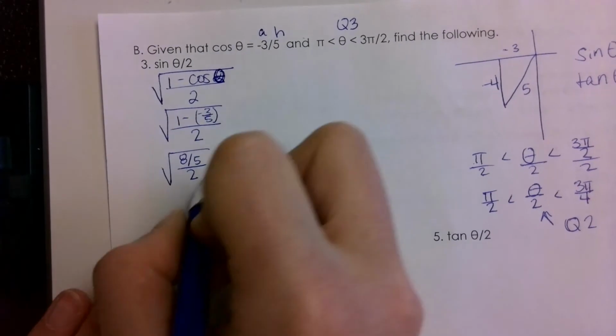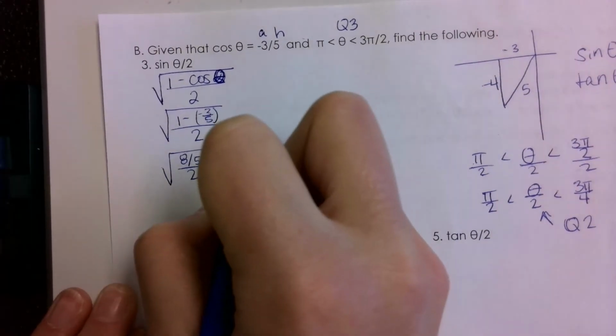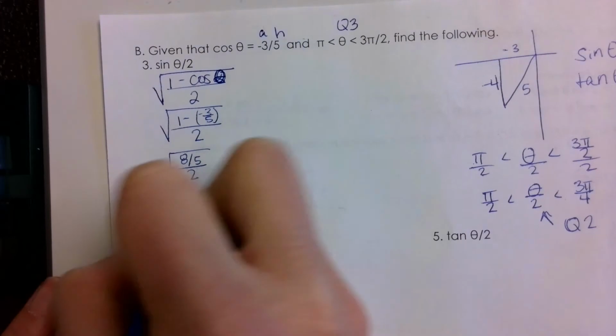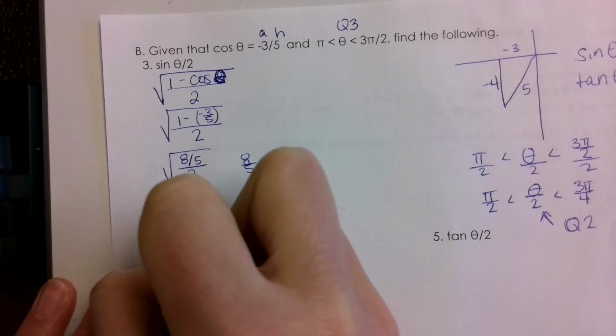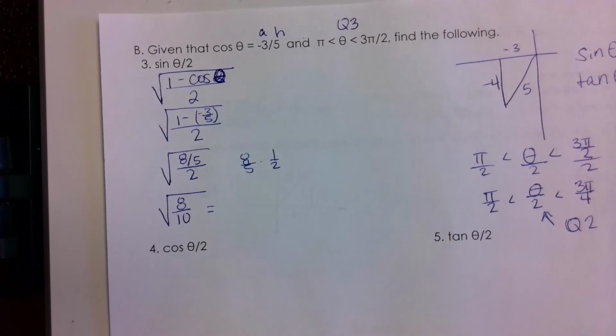So then that's like 8 over 5 times 1 over 2. So that's the square root of 8 over 10, which we could simplify inside and make it 4 over 5. And then square root top and bottom, the fraction lines.